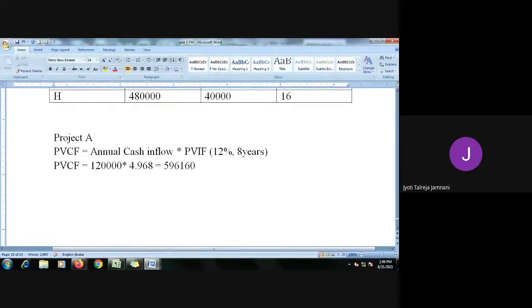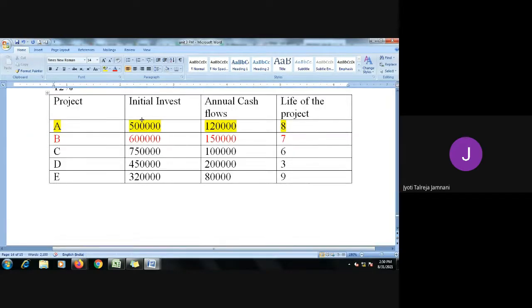Now we can find the profitability index, which is equal to present value of cash flows divided by initial investment. So profitability index is equals to 5,96,160 divided by, let's see the initial investment for project A, it is 5 lakh rupees.